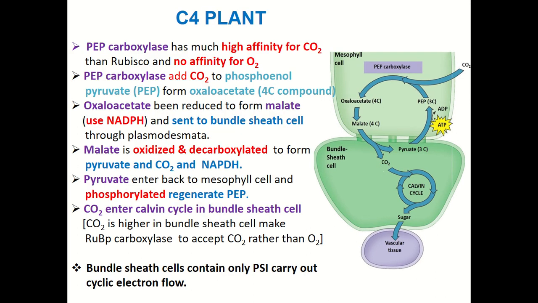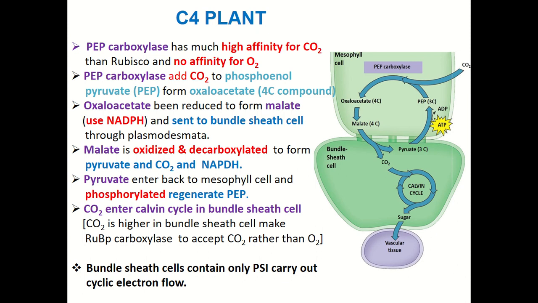So let's look in more detail at the C4 plant pathway. PEP carboxylase, as you can see here, has much higher affinity for carbon dioxide compared to Rubisco, and PEP carboxylase has no affinity at all for oxygen. Therefore, no photorespiration will occur.